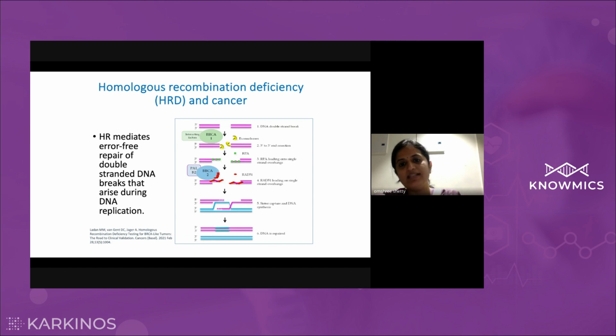It corrects those things, and then eventually those damages are repaired. So all these genes, which are key players like BRCA1, BRCA2, and the associated genes like RAD51, PALB2, are all genes involved in the homologous recombination repair pathway. So this constitutes the homologous recombination deficiency. Next slide, please.